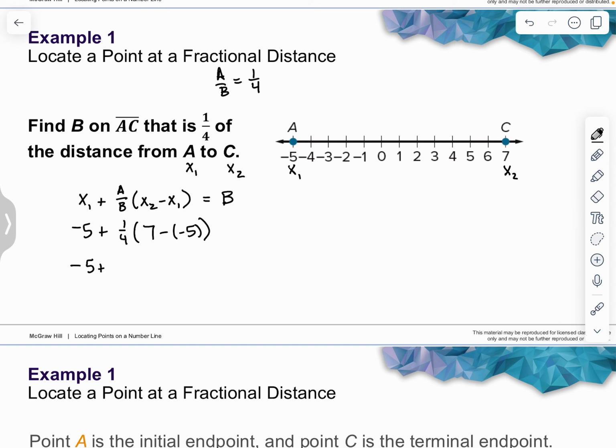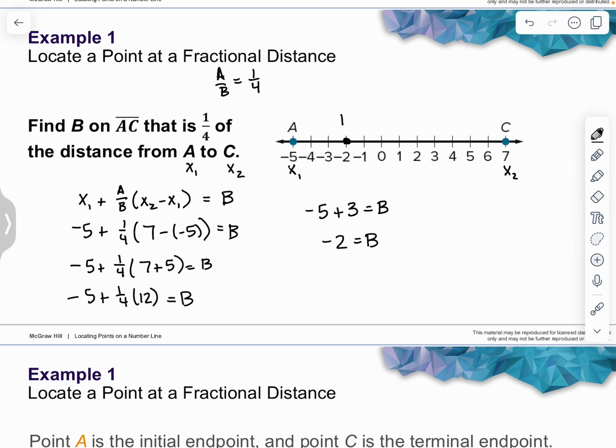So -5 plus 1/4 of 7 plus 5, because negative minus a negative. So -5 plus 1/4 of 12. And all these are going to be equal to B. So we get -5 plus, and 1/4 of 12 is 3. And -5 plus 3 is -2. So here is where our B is. Right there, 1/4 of the way.